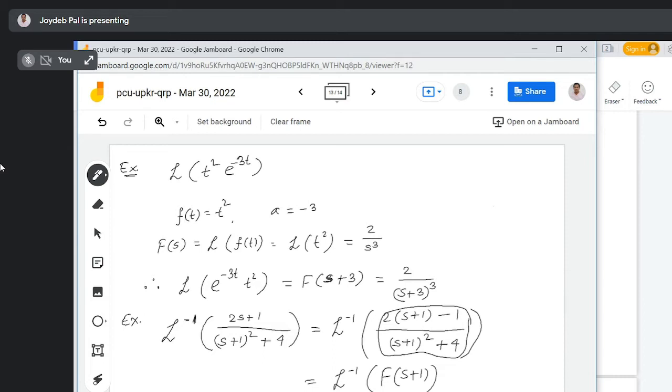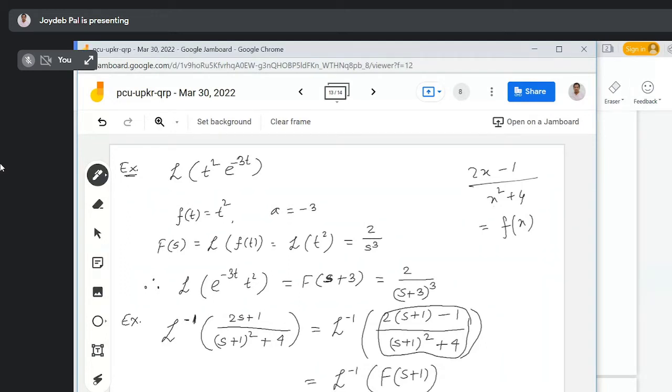Now, don't you think that it is a function of s plus 1? Because the variables are in the form s plus 1. If I write 2x minus 1 divided by x square plus 4, I can write it is a function of x, no? Yes, sir.